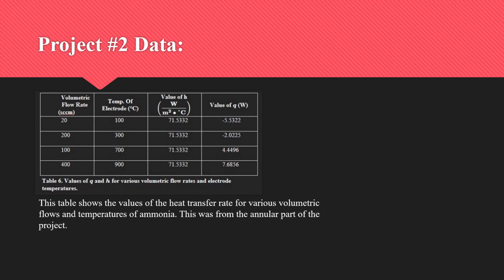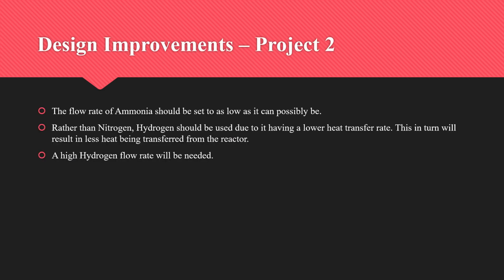For the internal annular flow portion of this project, various different conditions of ammonia were tested via calculation, ranging from low to high flow rate, as well as low to high electrode temperature. From this portion of the project, it was found that the flow rate of ammonia should be set to as low as it possibly can.